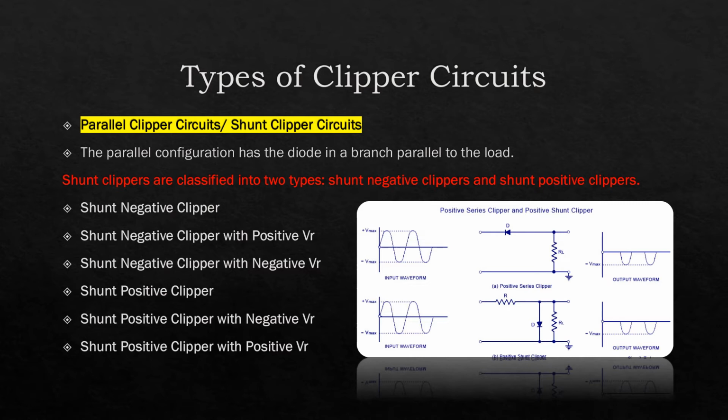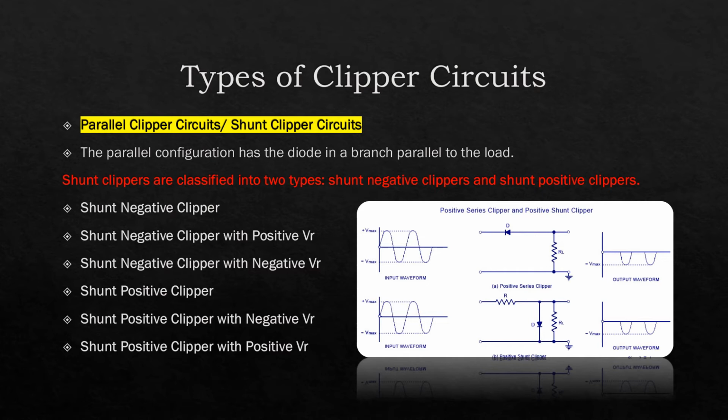Due to the different configurations of the diode, they are known as series or parallel clipper circuits. In the parallel clipper circuit, the diode is in shunt with the load resistor. That's why it is known as parallel clipper circuit.